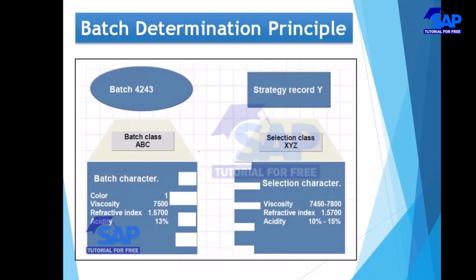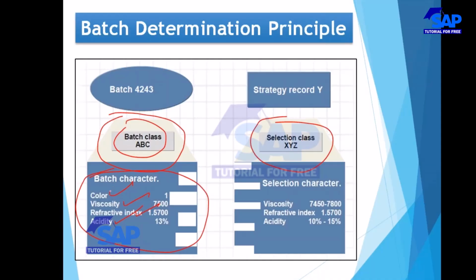Now you have a batch class and a selection class. Yesterday in class we discussed classification, like color, viscosity, refractive index, acidity. In the batch class you have characteristics.